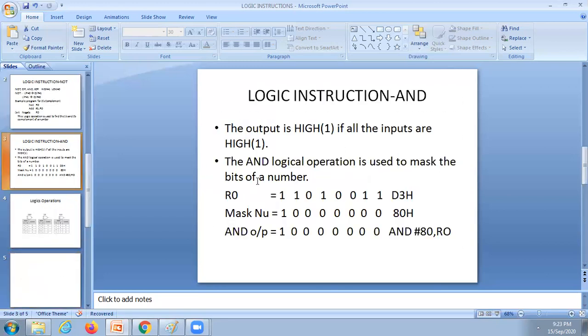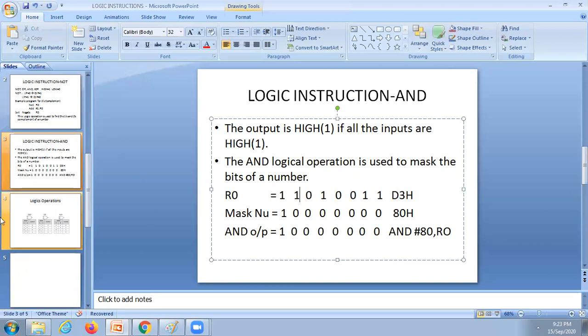This is like the AND operation here. The output is high if all inputs are high. The logical AND operation is used to mask the bits of a number.